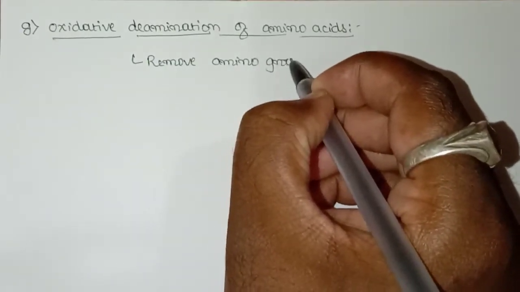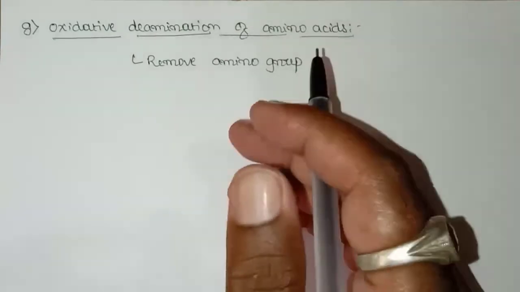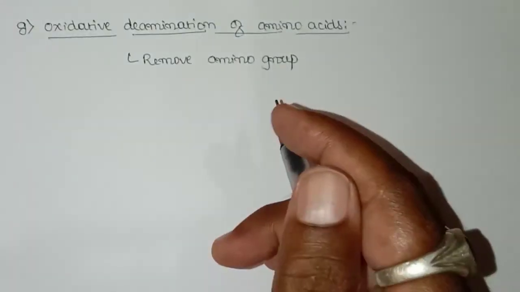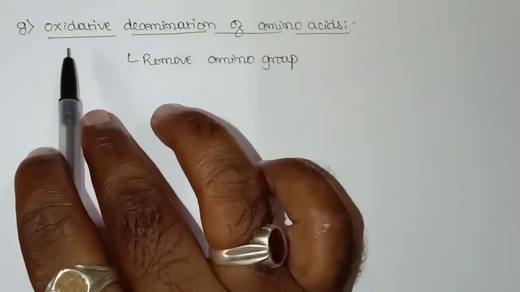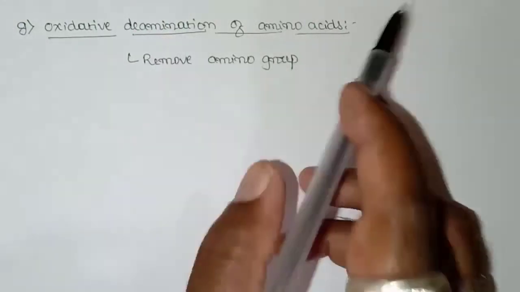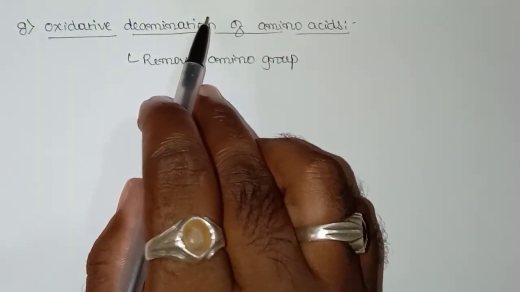Once you remove the amino group, the product will be completely different from the amino acid. Now we shall see how the reaction proceeds when you subject an amino acid to the process of oxidative deamination.